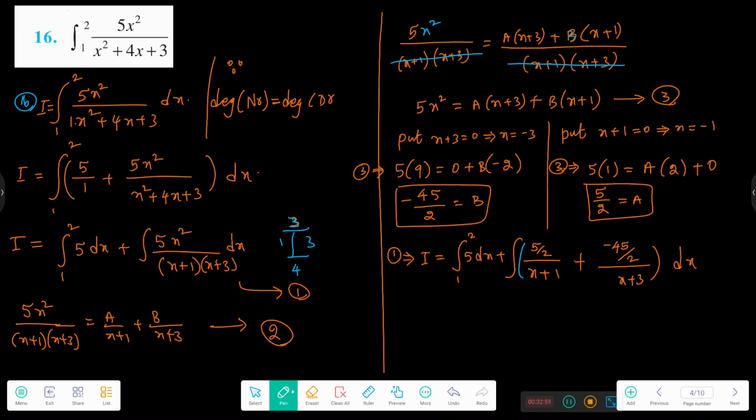Limits we have 1 to 2. Apply the limits, apply the integral.